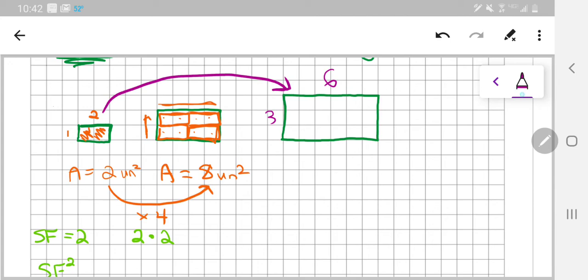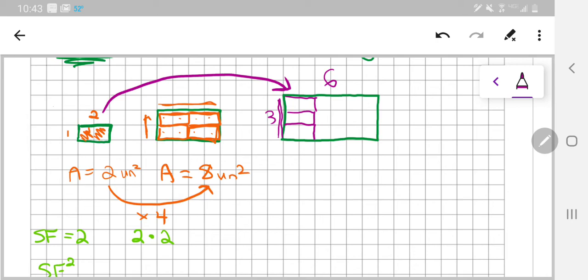But now, if we look to the inside of the shape, it doesn't really look like 3 times bigger. It looks like a lot more times bigger than 3. And we can see that, well, if this side length was multiplied by 3, that means we can stack 3 more of these boxes in that space.